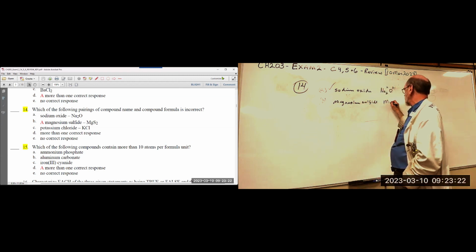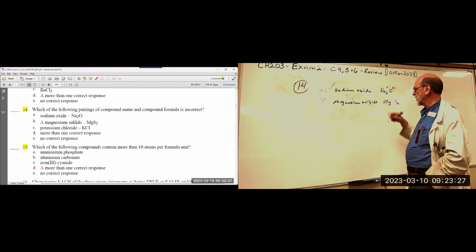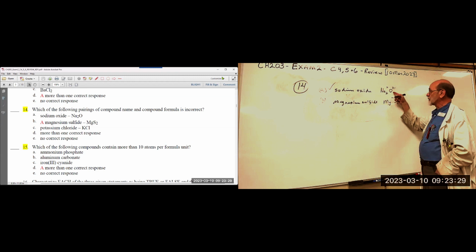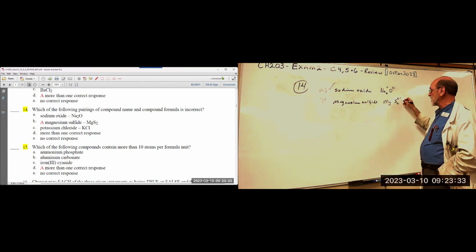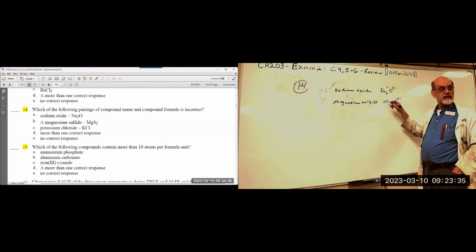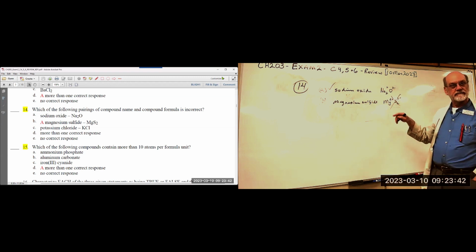And it says what? It says it's got 2 here and 1 there. All right, sulfur is the same as oxygen. It's in that same family, same group. So it's a 2-. Magnesium is an alkaline earth, it's 2+. Right? So that's wrong. You only need 1 of each.